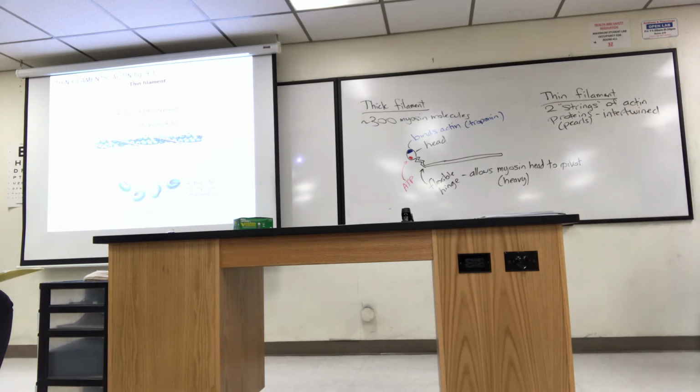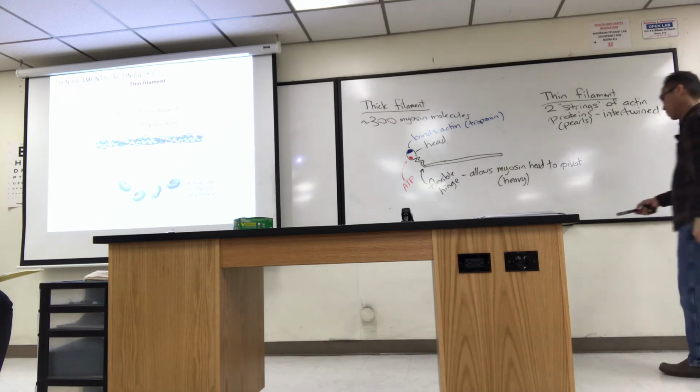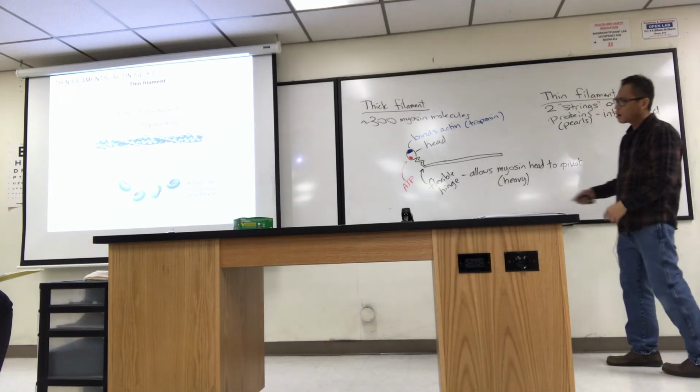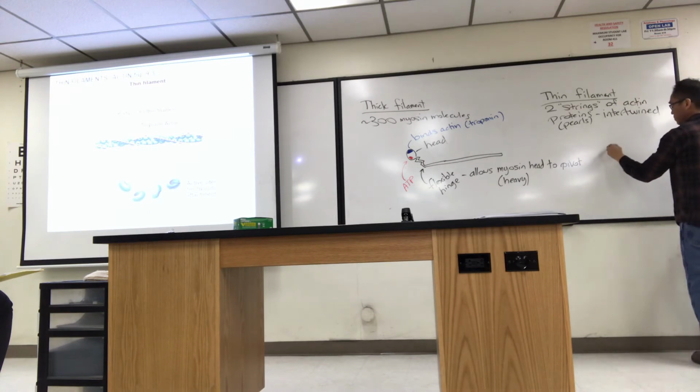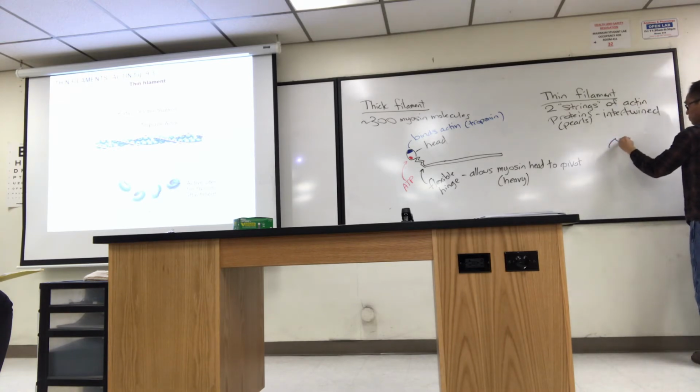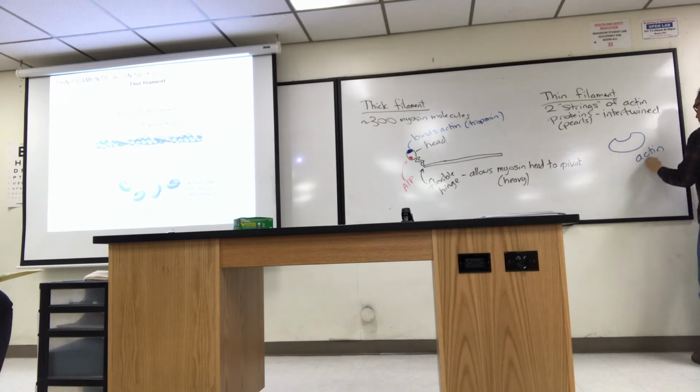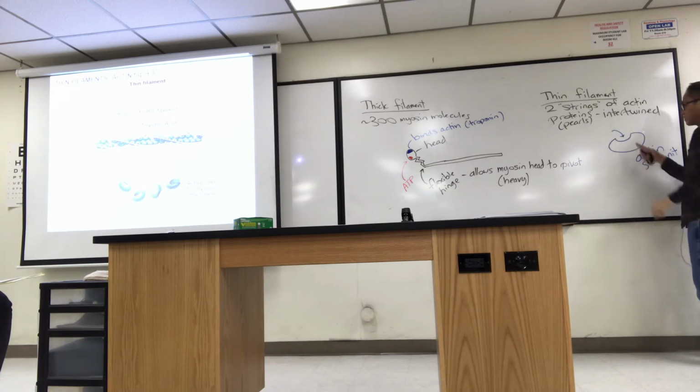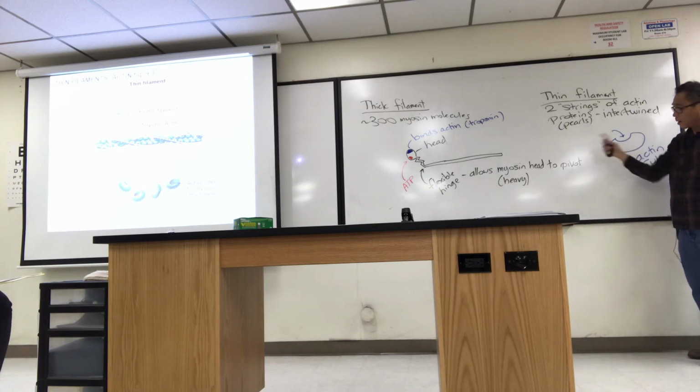But if you look at one actin subunit, you can see the active site where the myosin head will bind. I'm going to draw it like this. The actin subunit, that's the active site. The myosin head will bind to it.